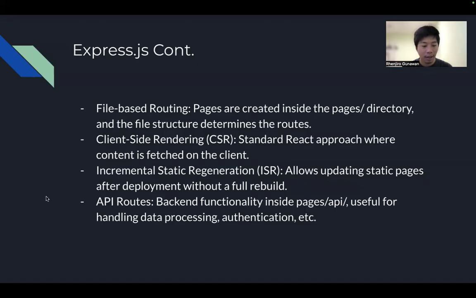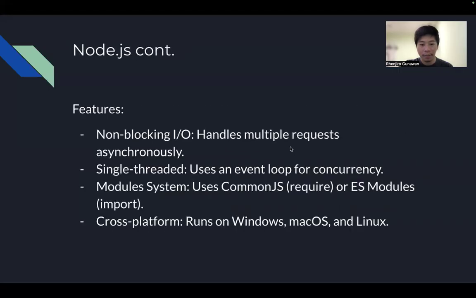Okay, single threaded. I have a question here. Single threaded, so how do they scale servers? Oh, sorry, give me a second. Let me go back to the slides. So it can handle multiple requests asynchronously.